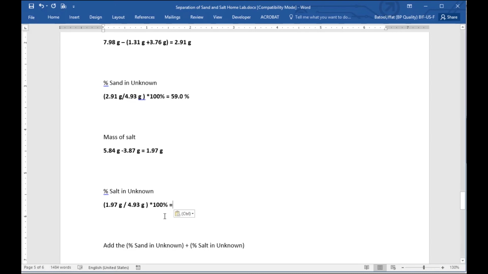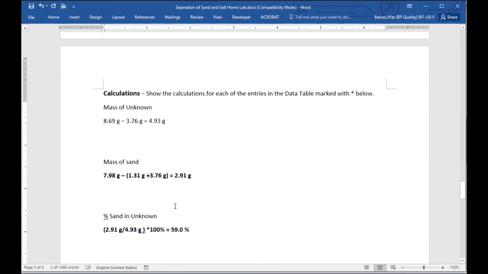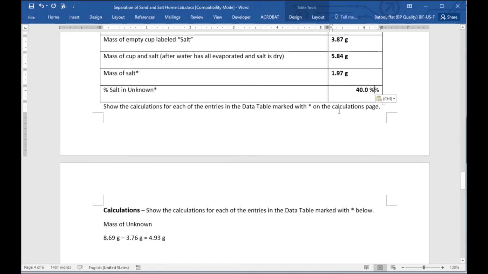When you do this calculation, let's see what we have: 1.97 divided by 4.93, multiplied by 100. I actually have 39.9. After rounding, I have 40.0 percent. So this is going to be my percent of this.